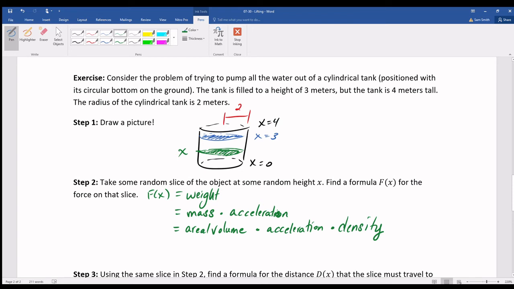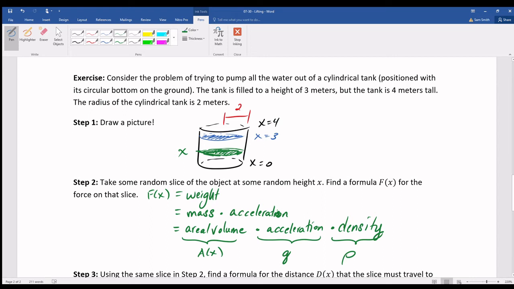So if we can find the area of the slice at position x, then we can multiply that by the acceleration due to gravity, which is usually called g for short, and by the density of water, which is usually called rho for short. A of x times g times rho would be the weight required to lift that one slice out of the tank.